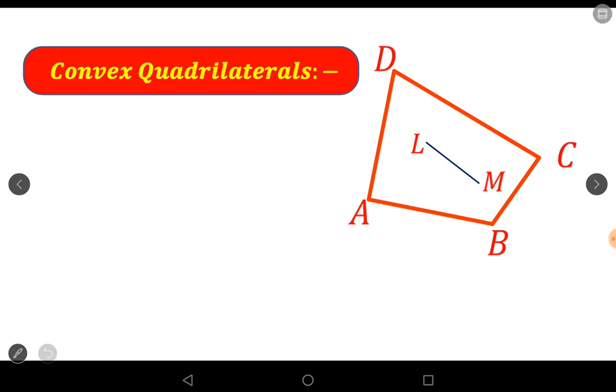Next one, convex quadrilateral and concave quadrilateral. For example, I take one quadrilateral ABCD. Two points are interior, L and M. Join these two points with the line segment LM.